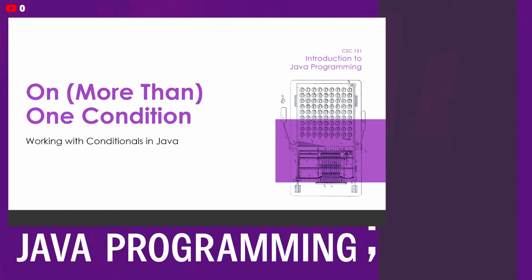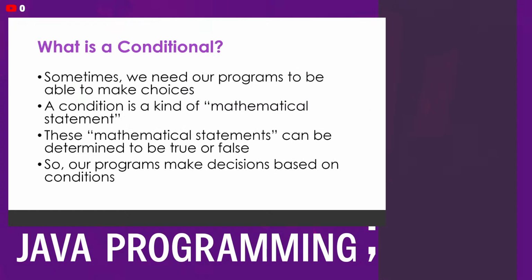But I want to start looking at conditionals. A conditional basically gives our program the opportunity to make choices. So when we need our programs to be able to make choices, we include a condition, or conditionals. A condition is like a mathematical statement. Another term we might use is a proposition, something that can be determined to be either true or false.